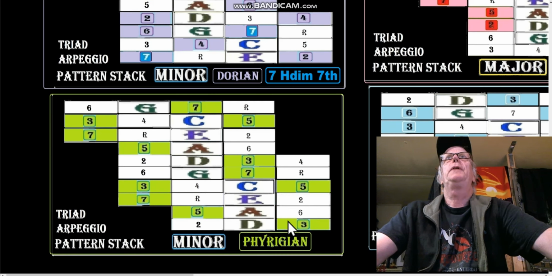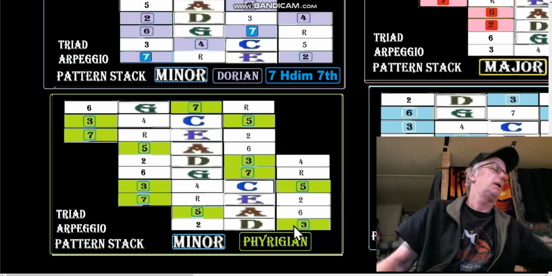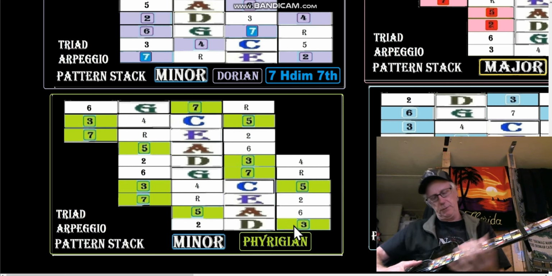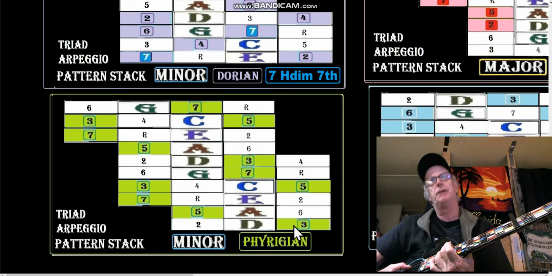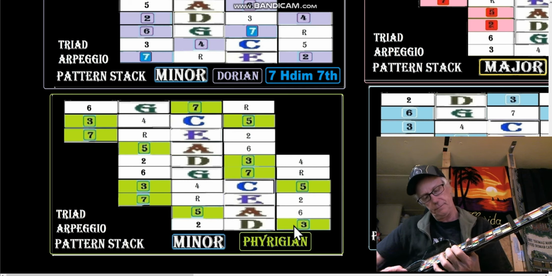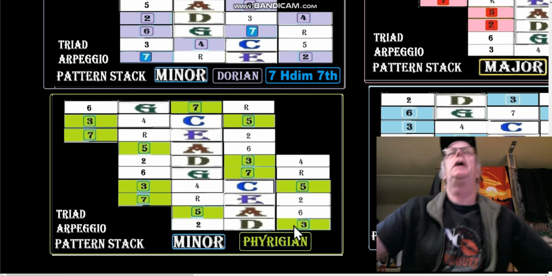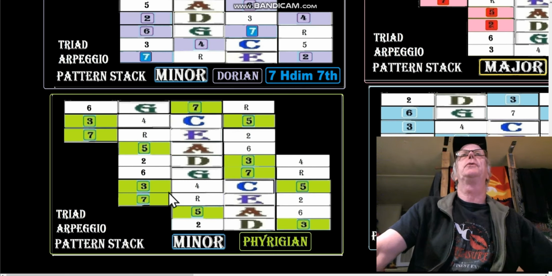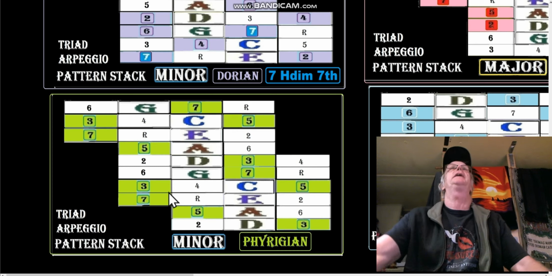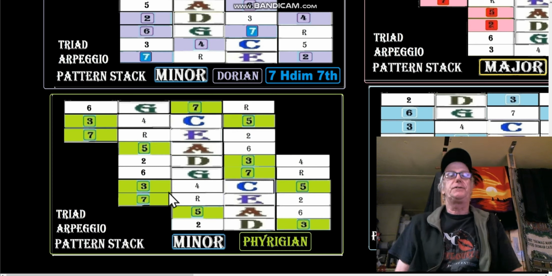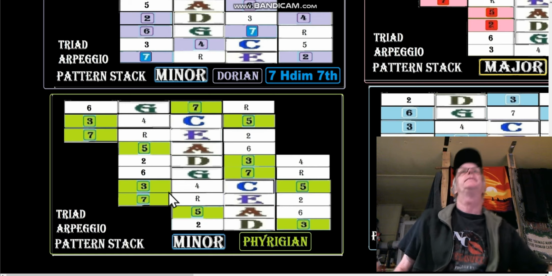So we're playing a Phrygian minor arpeggio. At any point we might be on any one of these notes, or let's say you're not even playing a Phrygian arpeggio. Let's say you're just playing anything, you know, it happens.